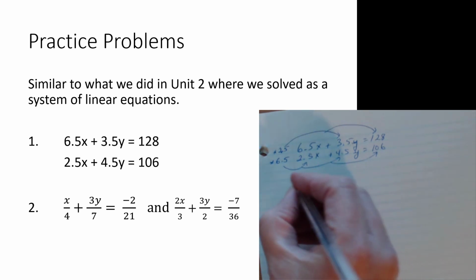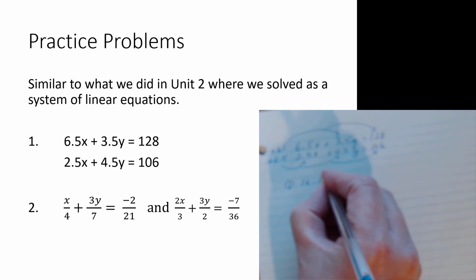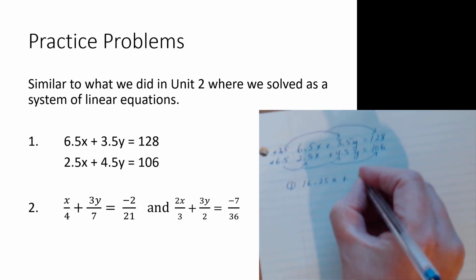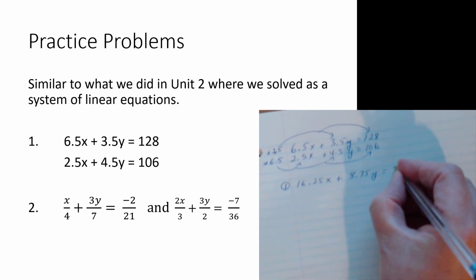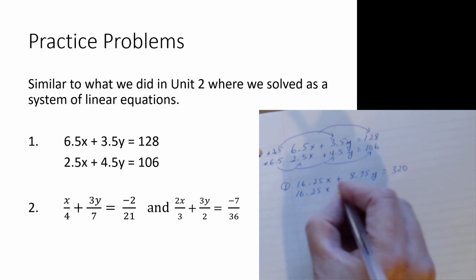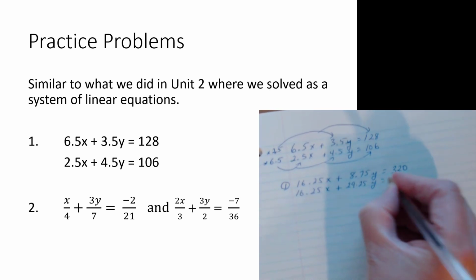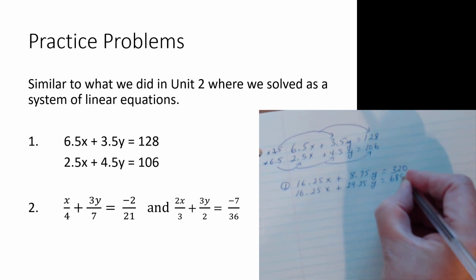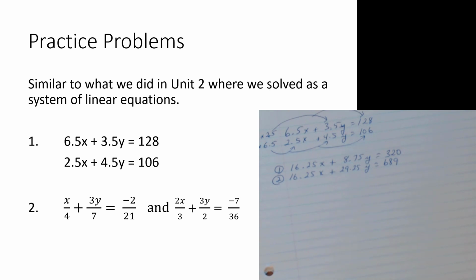Okay? So when we do that, our equation number 1 comes out as 16.25x plus 8.75y equals 320. Again, 16.25x plus now 29.25y equals 689. That's my equation number 2. I like the positive numbers because I don't want to worry about whether I remembered to put the negative in front of this coefficient or this number.